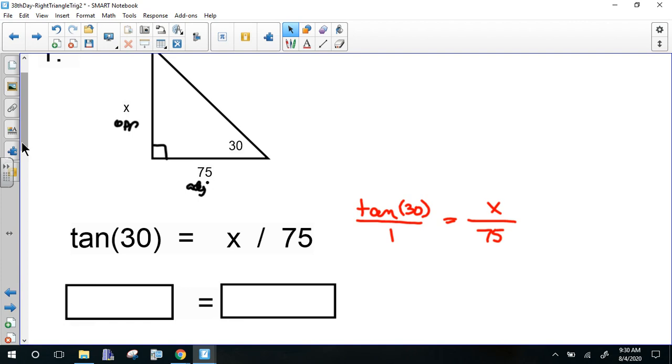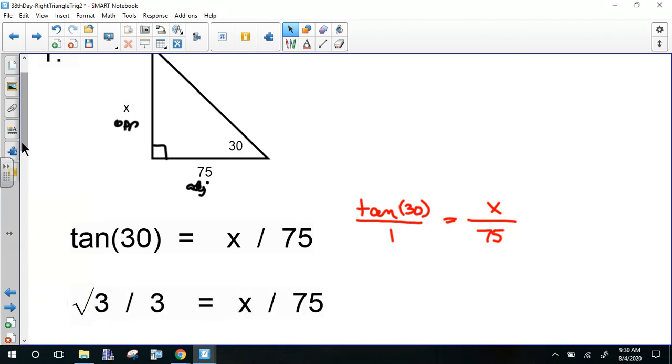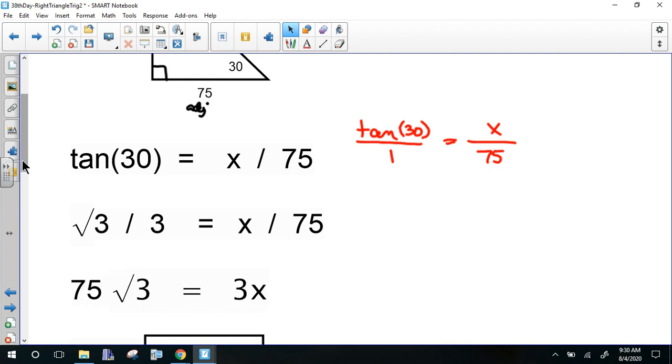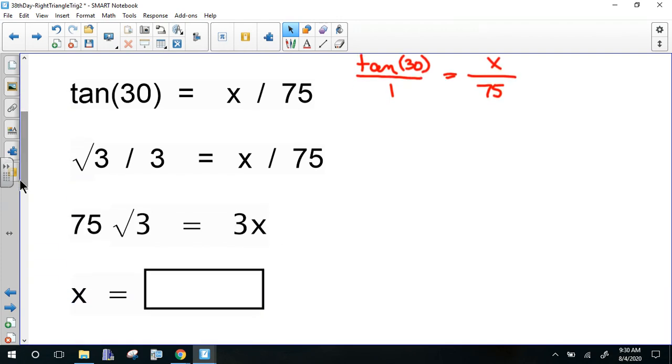So if we cross multiply, I'll get 1 times x, that's going to equal x, and 75 times tangent of 30. We can also do it this way. I can figure out what tangent of 30 is and plug that in for tangent of 30 and then cross multiply. Either way, we'll come out with an answer that's correct.